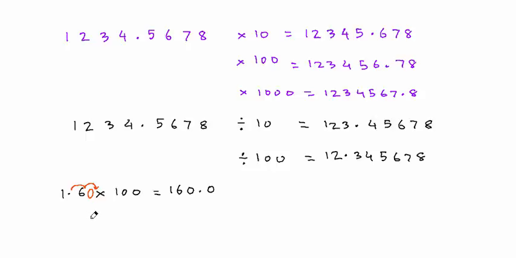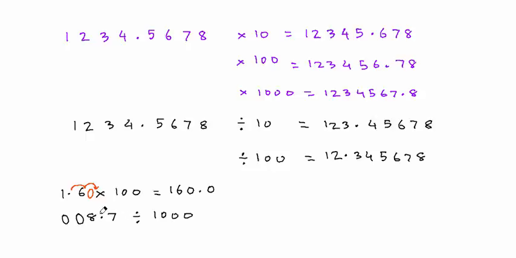Similarly, if you are dividing, let's say, 8.7 with 1000, the decimal point should move three places over to the left, but we only have one place. We can always rewrite this as 008.7. It's still the same number.